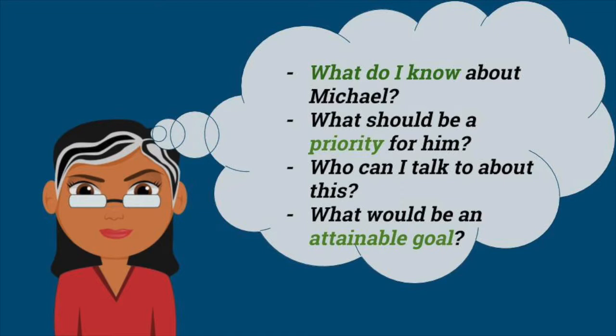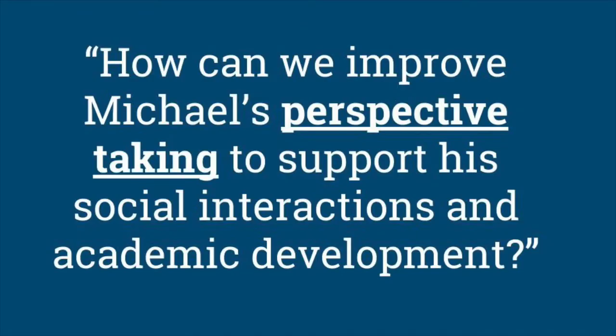And at the very heart of our conversation, we managed to find an attainable goal for Michael. We thought, how can we improve Michael's perspective taking to support both his social interactions and his academic development? We chose this specific goal because we felt it was a core skill that would help Michael in many ways, for example, his reading comprehension and his social interactions.